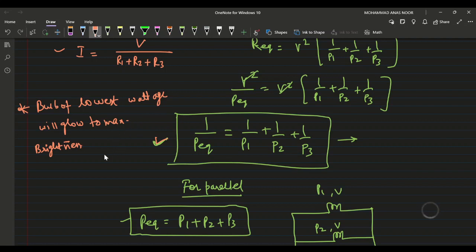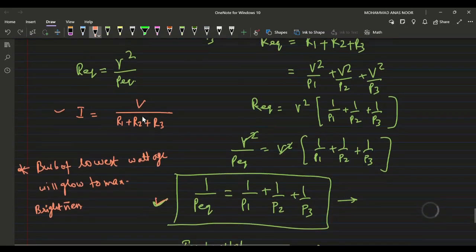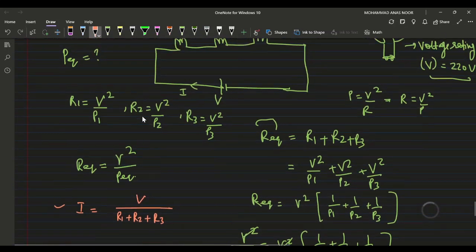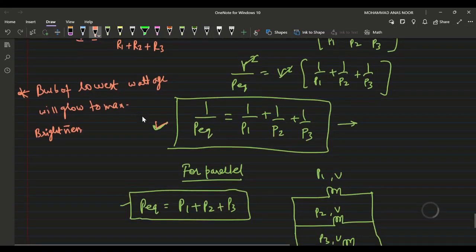Why? Because the lowest wattage bulb will have a maximum resistance. I'll explain it some other time. For the time being, you can just remember this: the lowest wattage bulb will glow maximum.